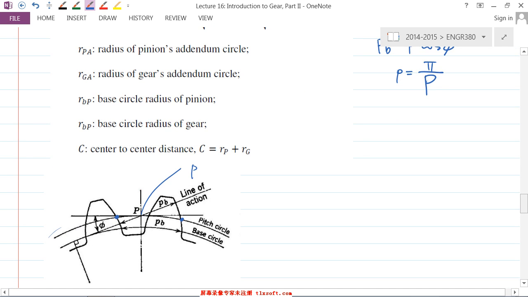But now you want the load to be carried by more pairs of teeth, so that you have a higher capacity for carrying, or at least sharing, the load. So what you really want is this MC value to be greater than 1. In general, you want it to be greater than 1.2. That's the contact ratio.